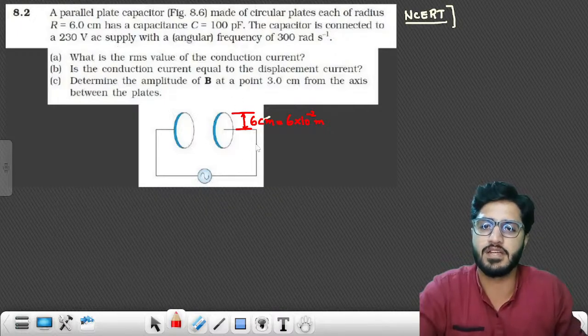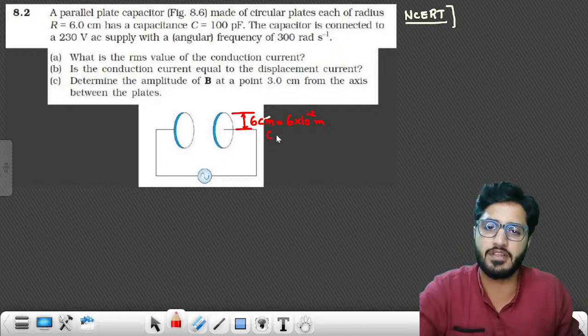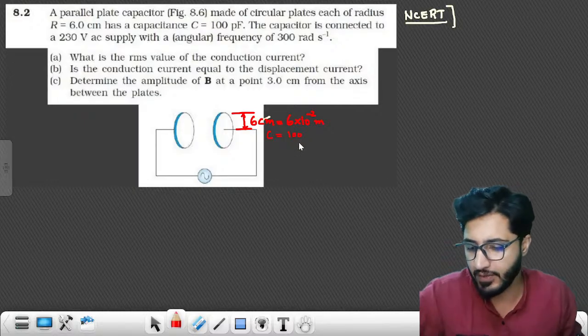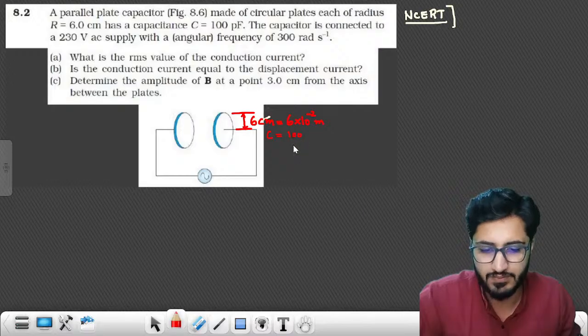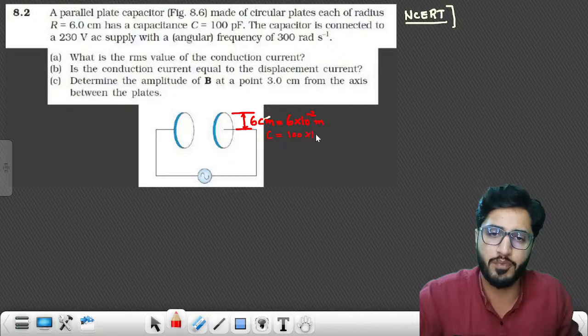It has a capacitance C, which is also given as 100 picofarad. 100 pico means 10 to power minus 12 farad.